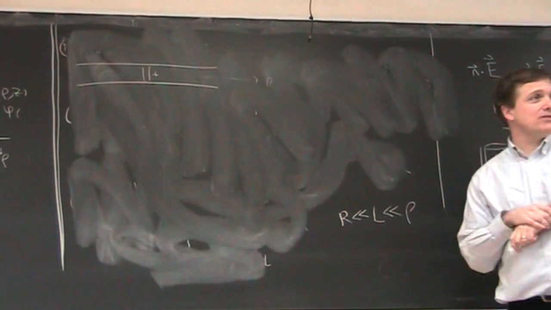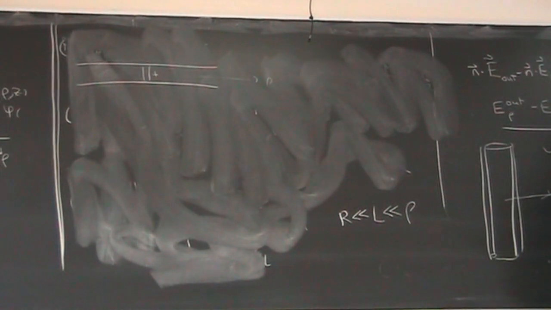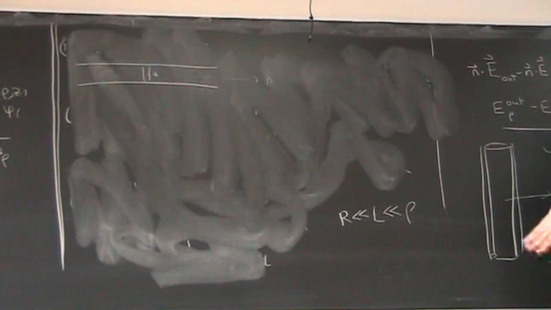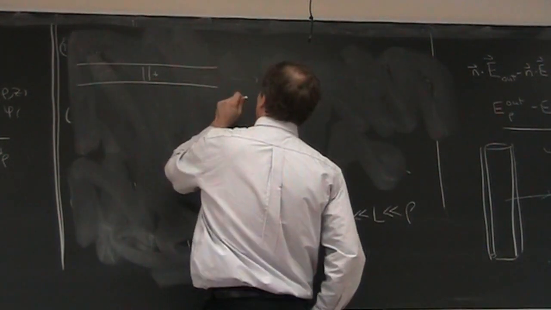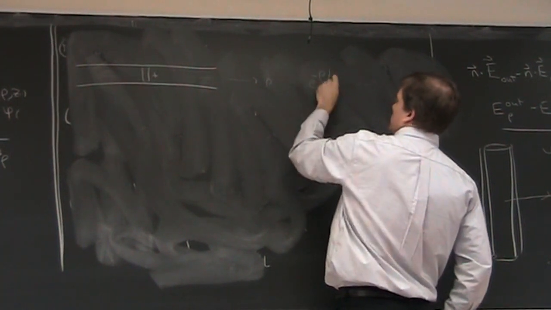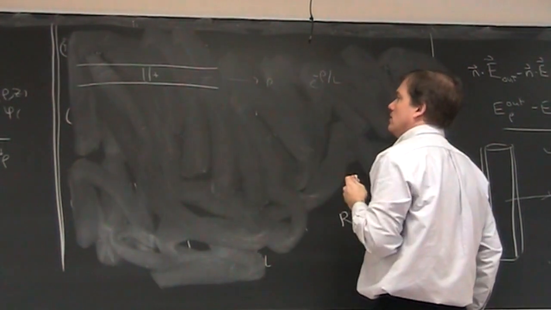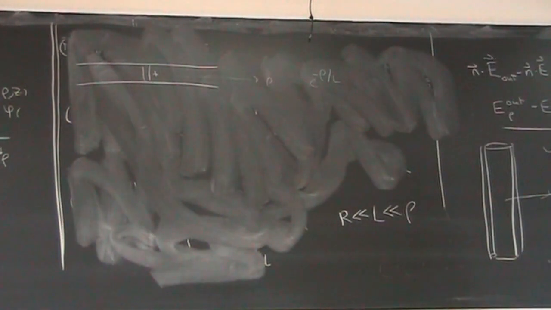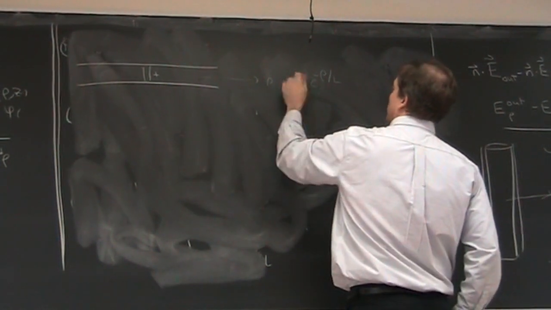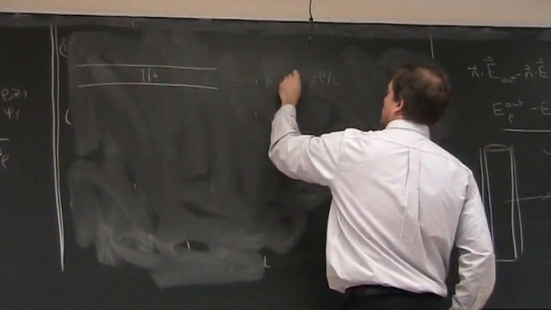And I don't know how many of you know this. If you put a point charge in a parallel plate capacitor, we did a problem like this, right? It gets screened exponentially. The potential falls exponentially. So you know that it should go somehow like e to the minus rho over the nearest scale, like L. And the charge, then dimensional analysis would tell you that it goes like lambda.